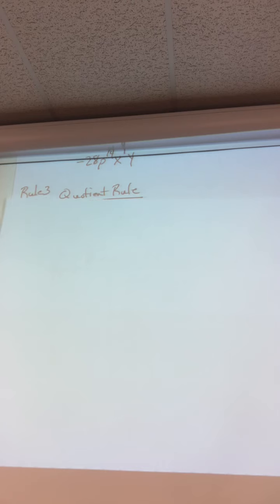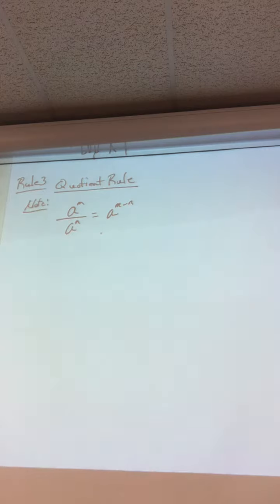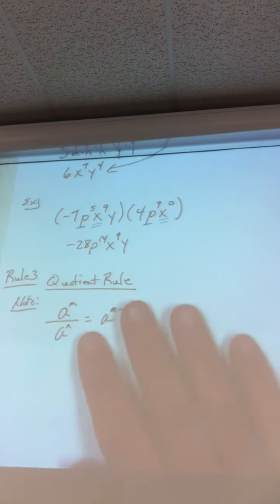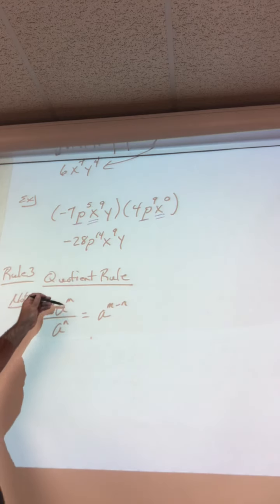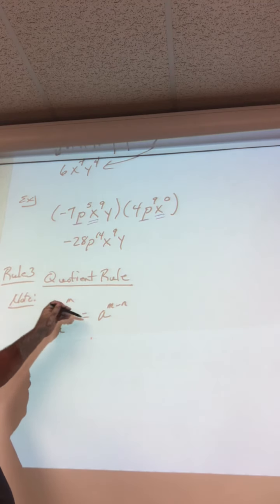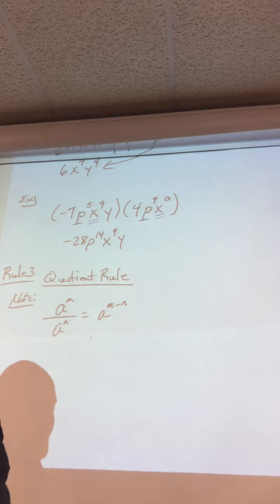Okay. So, write this down right here. a to the m divided by a to the n equals a to the m minus n. Write that down.